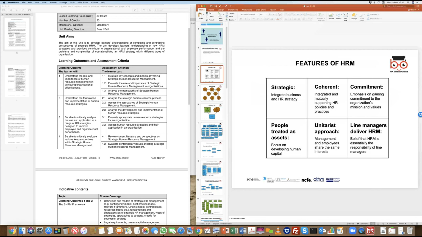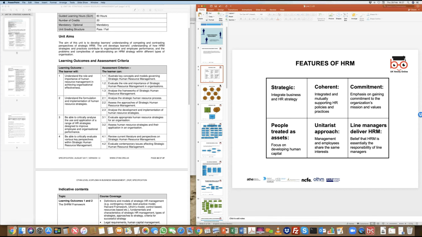Now, just briefly, we're looking at a bit of an overview. When we look at various functions, there are different types of functions of HRM. When I mention functions of HRM, we basically mean functions like recruitment and selection.